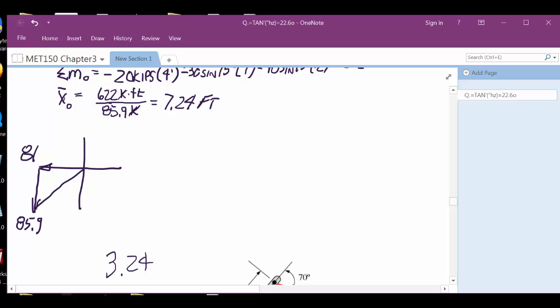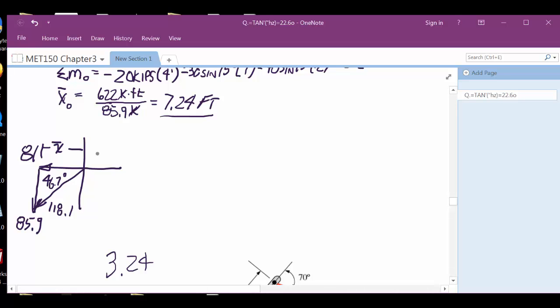Then this is 118.1. This was 46.7, I think. Okay, and this is the X bar that we're looking for, which turns out to be 7.24 feet then to the left of that point. Okay?